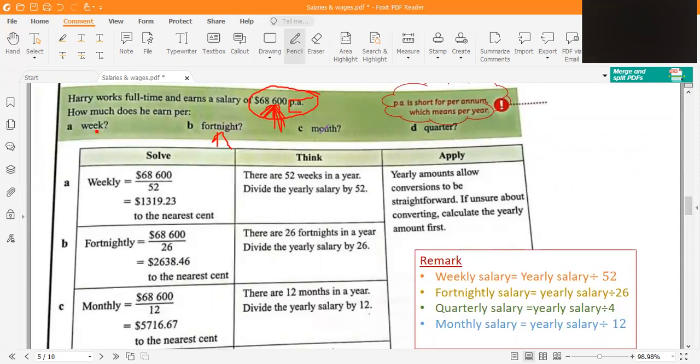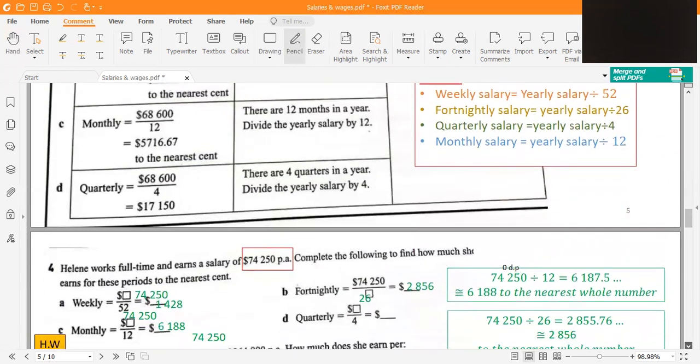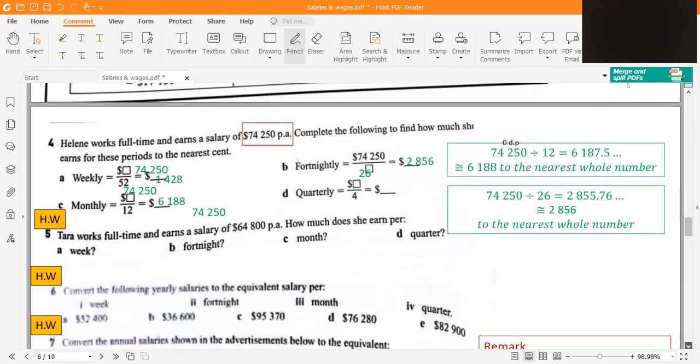For the monthly salary we divide the yearly salary by 12, and for the quarterly salary we divide by 4, because in a year we have 4 quarters. So we can apply this in the following exercises.